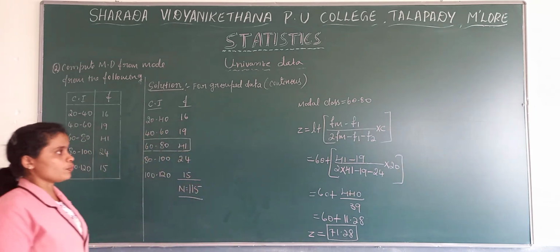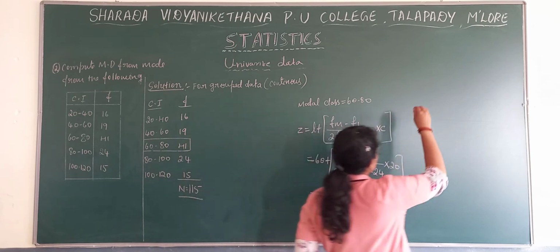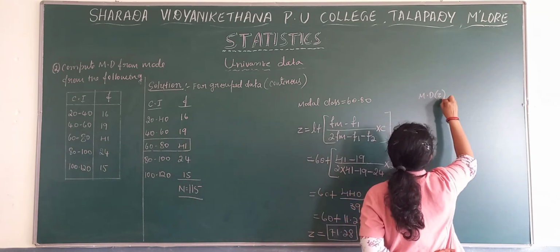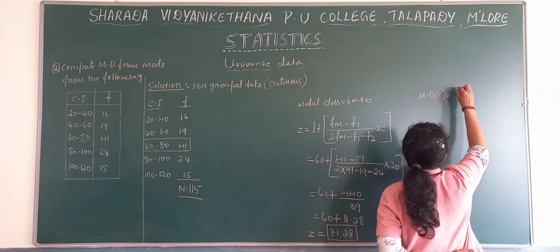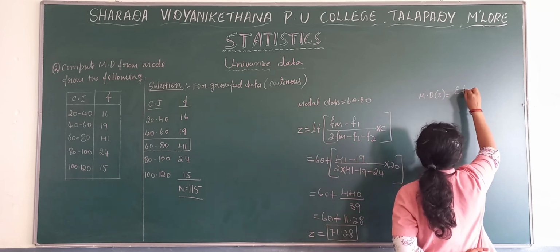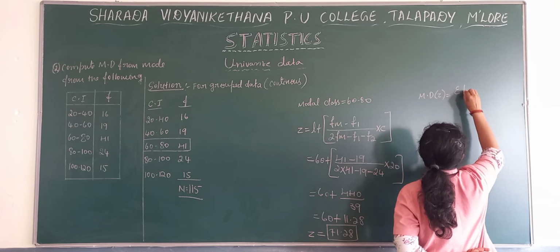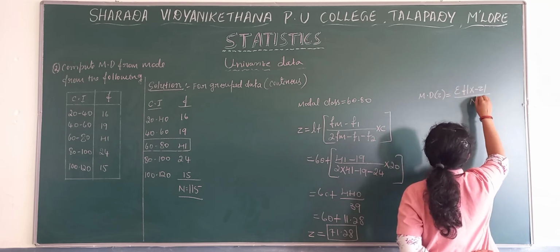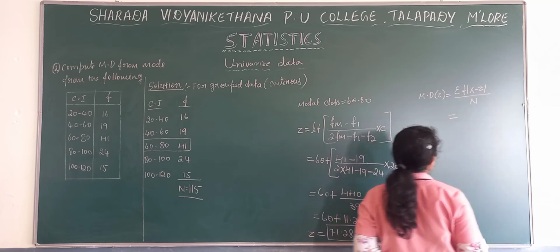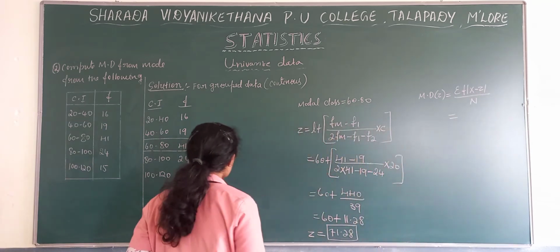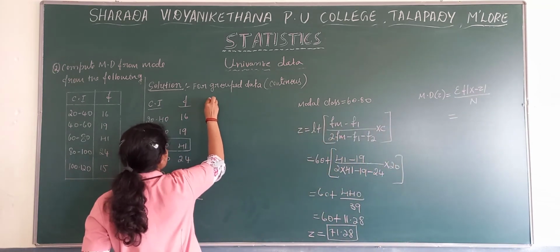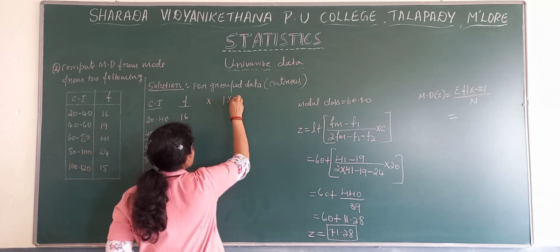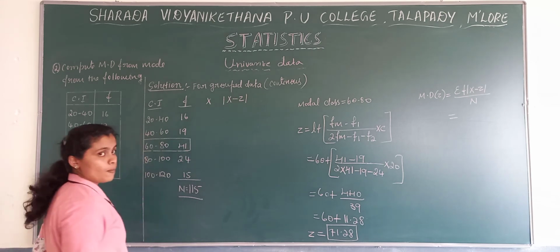Next, which column do we need to prepare? We know that the mean deviation from mode formula is sigma f into modulus x minus z divided by n. So the next column we need to prepare is x, then modulus x minus z.